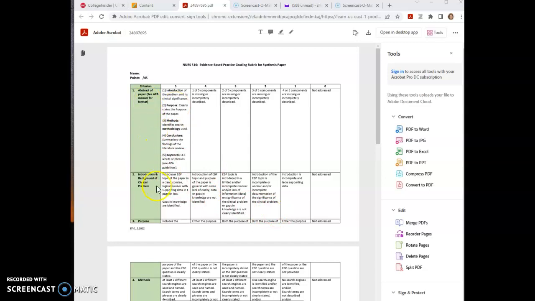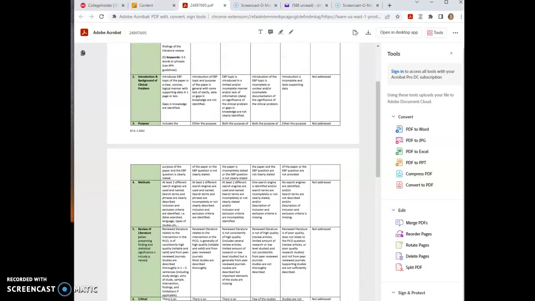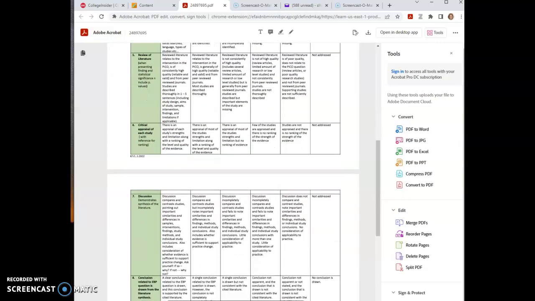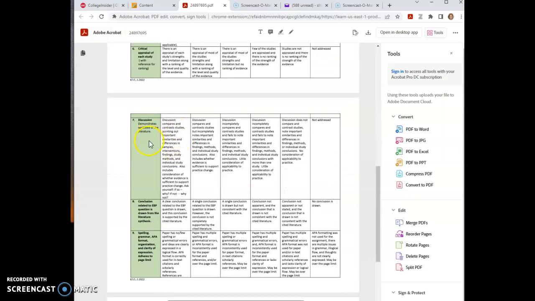It talks about the abstract, the introduction, the methods section, the review of the literature, critical appraisal of each study, which will be included in your review of the literature, the discussion, the conclusion, and the fact that it needs to be written in APA format with proper spelling and grammar.